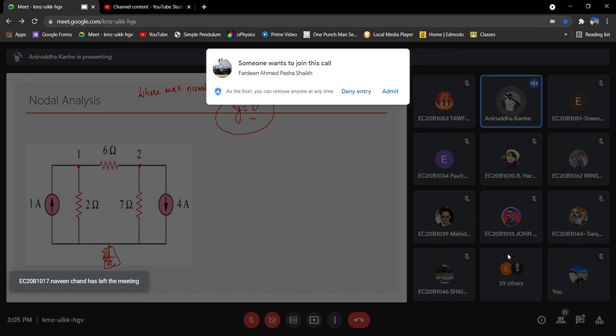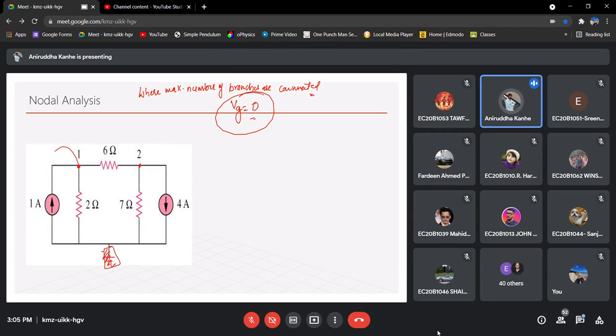So a big part is over. I will show you how. Let us assume that you are considering this as a ground node. Only 3 branches are associated with it. But if I take this as the ground node, then how many branches are associated with it? 1, 2, 3, and 4, right? So more branches are associated with it, and hence it will ease the calculation. It's not compulsory that the bottom node only needs to be considered as ground.